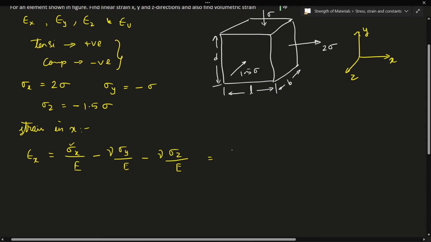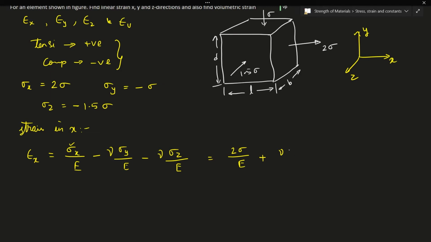So sigma x is nothing but 2 sigma divided by E, plus nu into, for y, minus into minus, so plus nu into 1.5 sigma divided by E. And again for z, minus into minus again gives plus nu into 1.5 sigma divided by E. Okay, if I simplify this, let me take sigma by E as common.